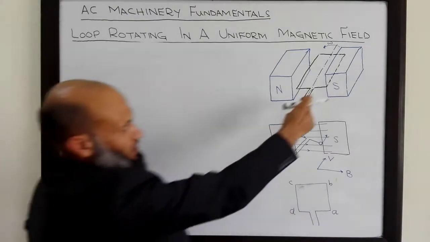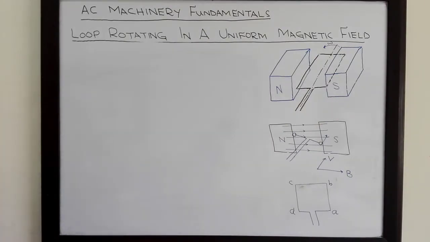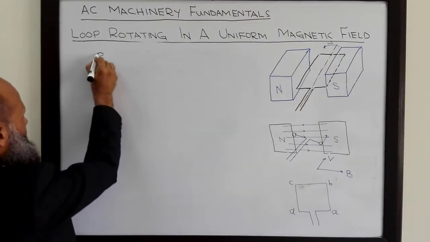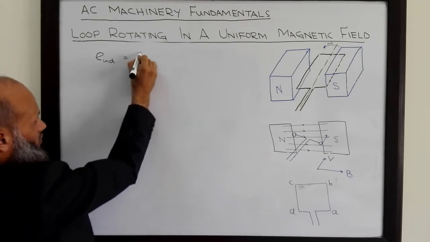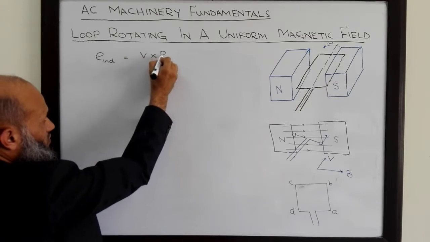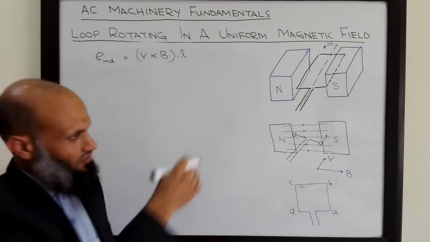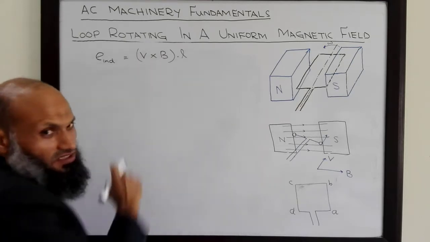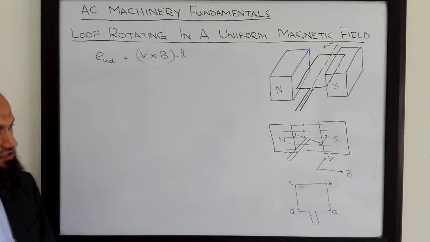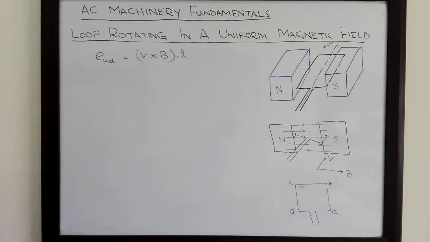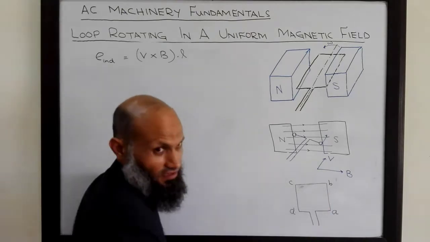We know that when a conductor moves in a magnetic field, a voltage is induced in that conductor, and the expression for induced voltage, you already remember, is given by (V cross B) dot L, where V is the linear velocity of the conductor, B is the flux density, and L is the length vector, as we already talked about. So let's see what is the voltage induced in each side of this coil.